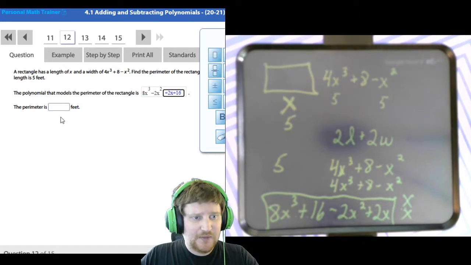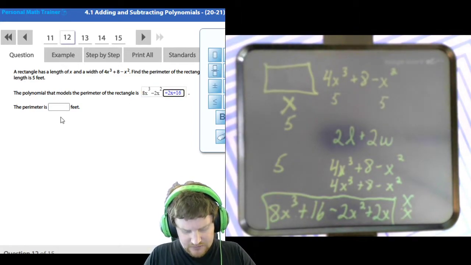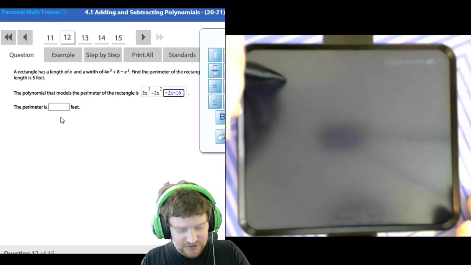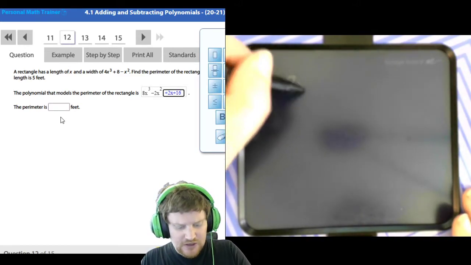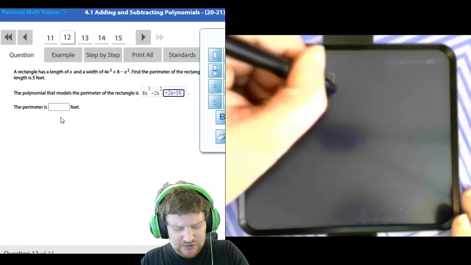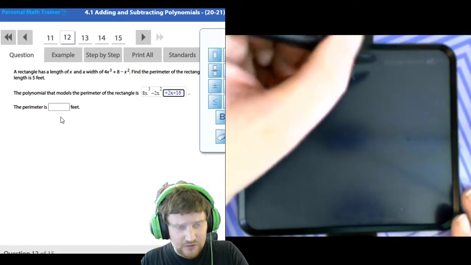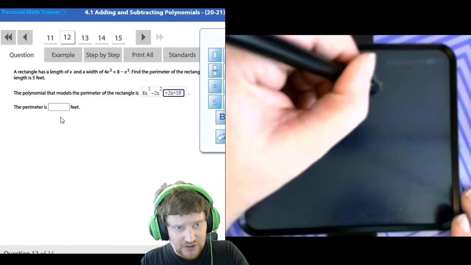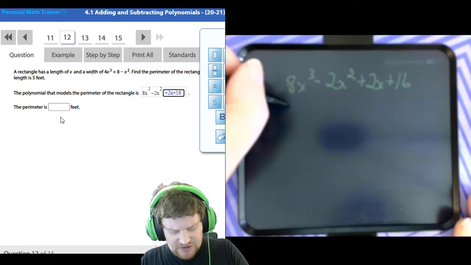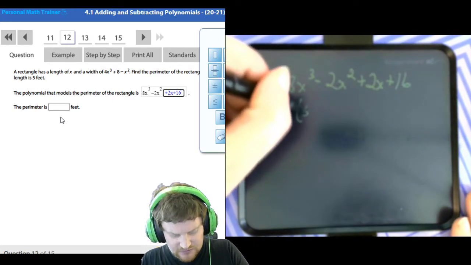And then since we happen to have this already, it's probably more efficient to just say 8x cubed minus 2x squared plus 2x plus 16, and just plug our 5 into that.